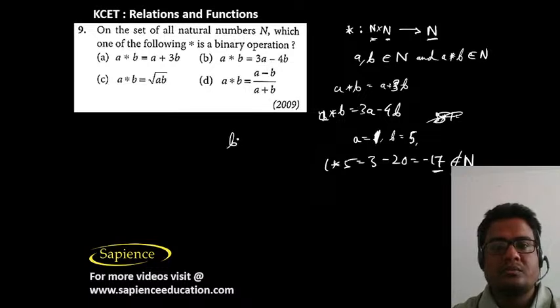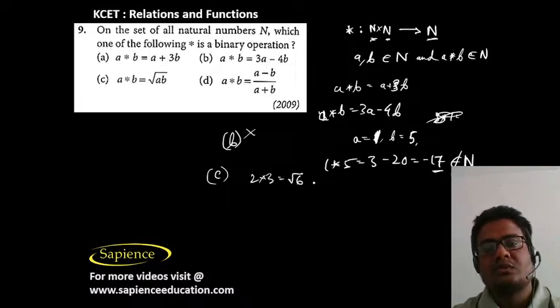Therefore, in option B, this operation star is not a binary operation. Option C also, if you take a star b equal to root ab, like 2 star 3, that is root of 6, which is not a natural number.